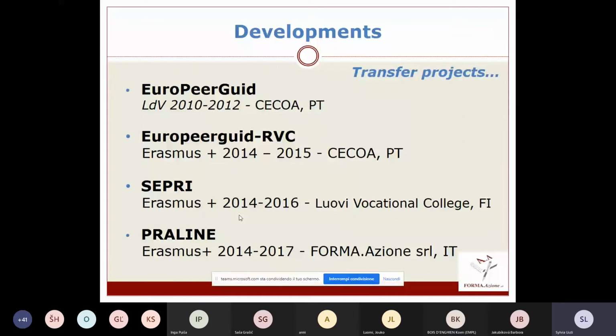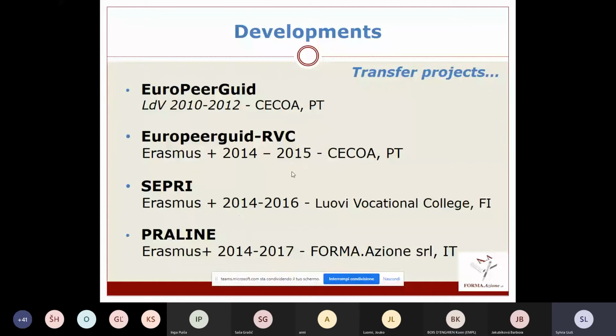So European Guide and European Guide VOC were focused on guidance, the first one on guidance for adults, and the second one also including the recognition and validation of competencies process that, for instance, is now really high on the European agenda, including this specific designing of the process of validation of non-formal and informal learning.